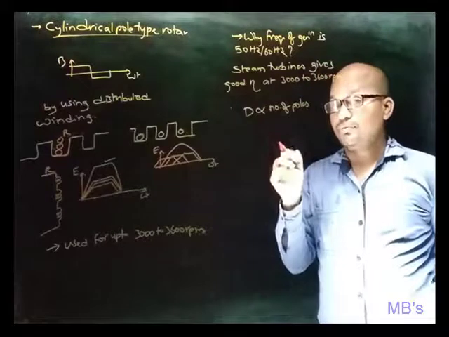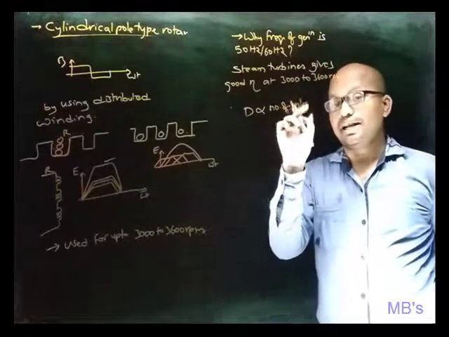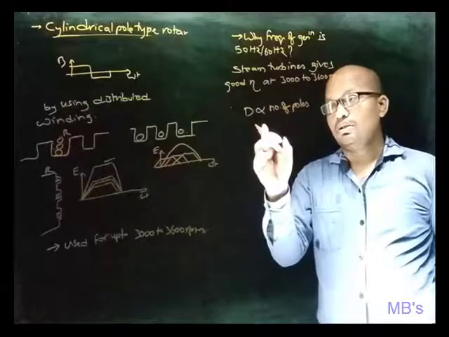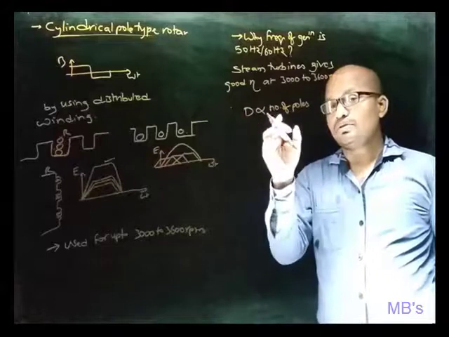and from the design consideration point of view, for higher speeds diameter must be low. So as diameter is low, the number of poles will be low.